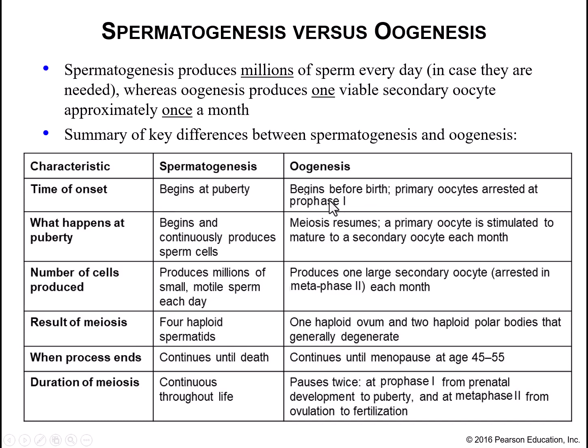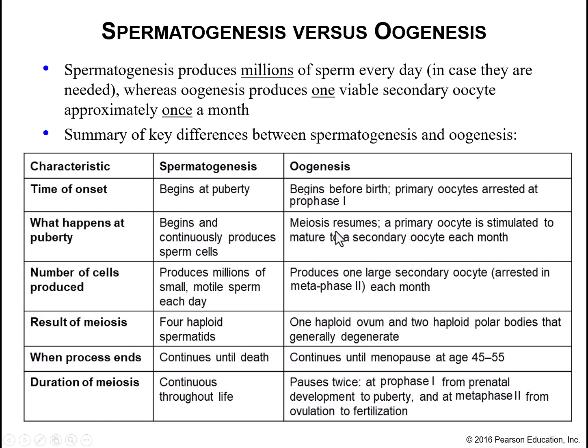If you remember, we saw that we begin the development of the ovum before birth. It arrests in prophase 1, and all of our ovum are already in prophase 1 when we are born. Then what happens at puberty? Spermatogenesis begins at puberty and continuously produces sperm cells throughout the male's life.